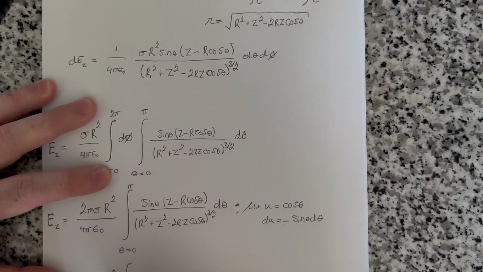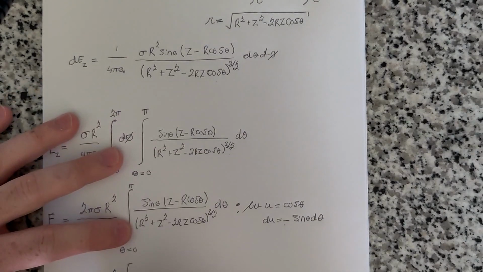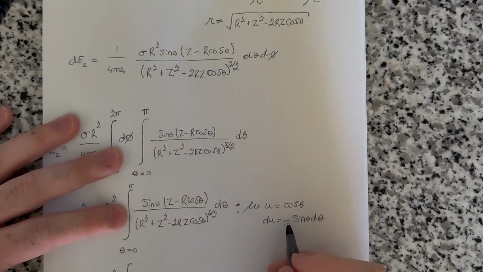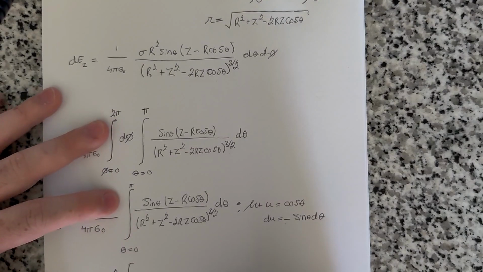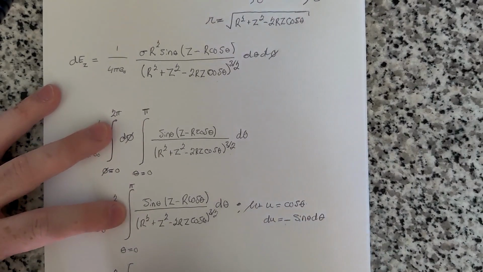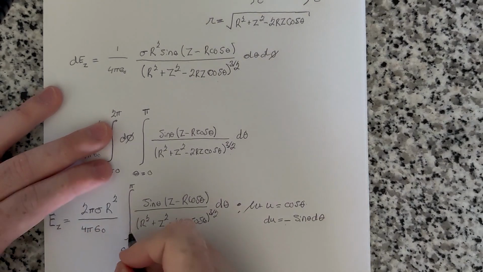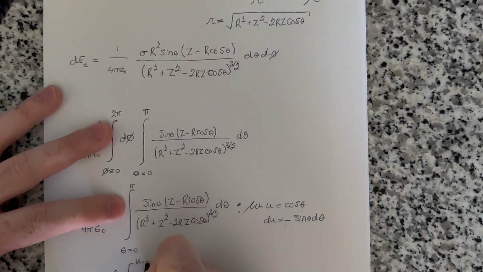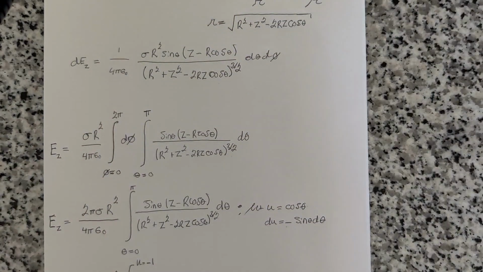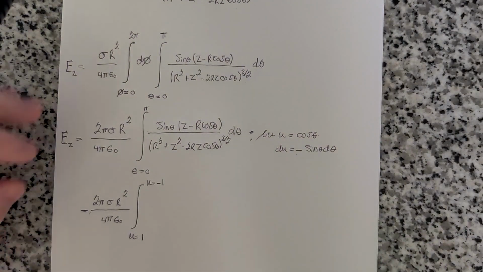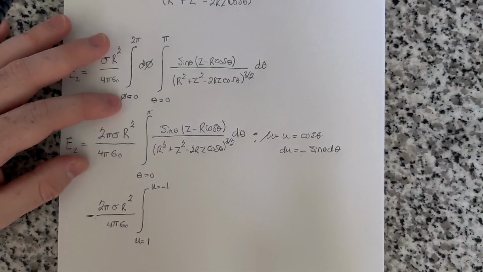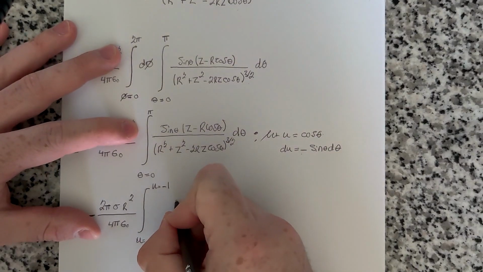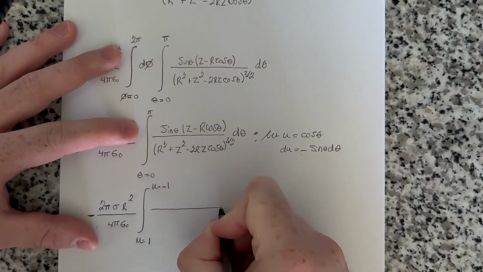And then our bound is going to run now. When theta is 0, cosine, then u is 1. And when theta is pi, cosine is -1. So our bound runs from 1 to -1 now. Sorry about that. And so now we have on the top, let's see the bottom first.